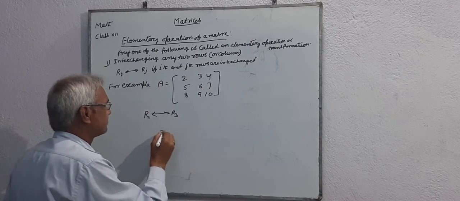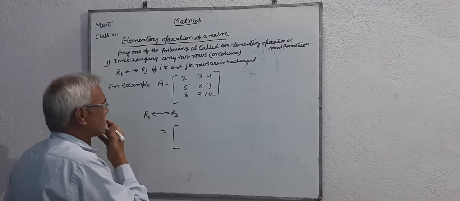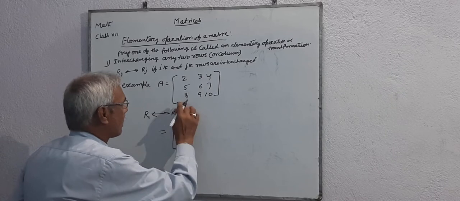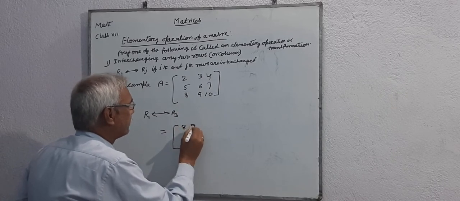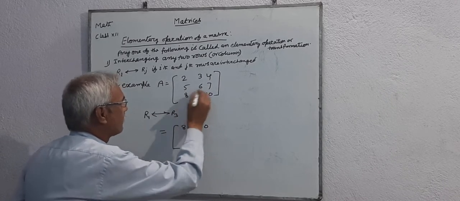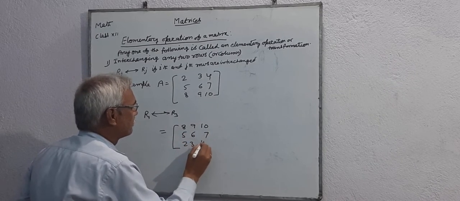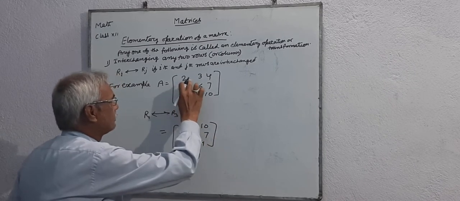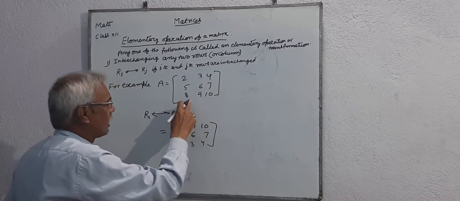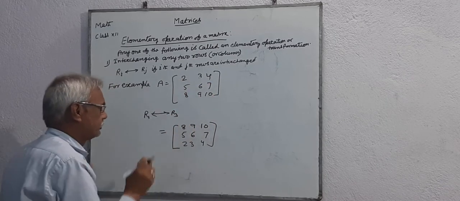The matrix has rows 8, 9, 10, 5, 6, 7, 2, 3, 4. R1 changes to R3, R3 changes to R1.